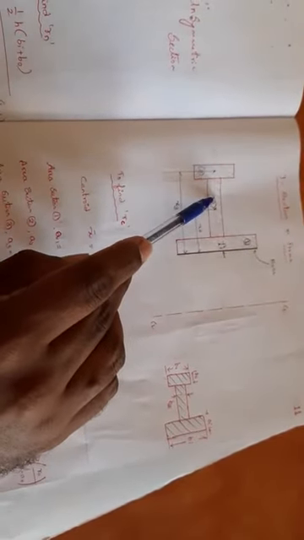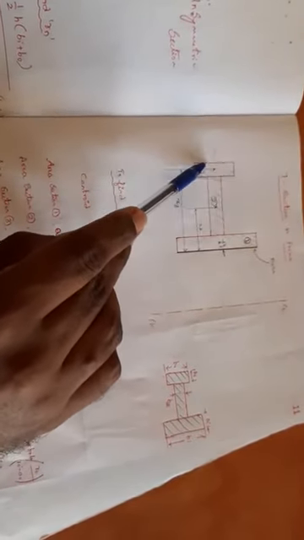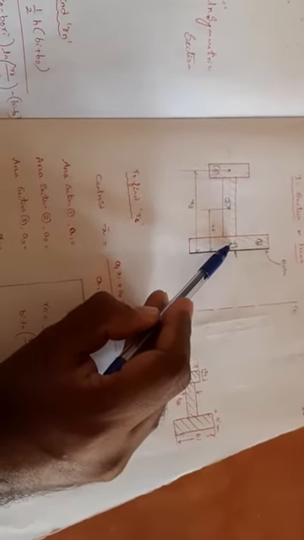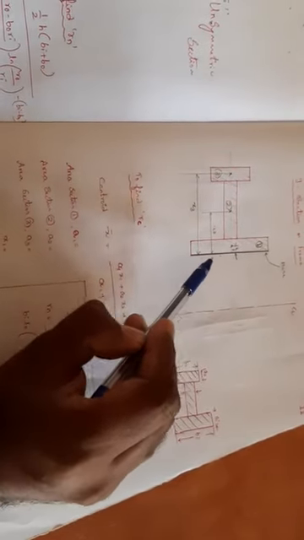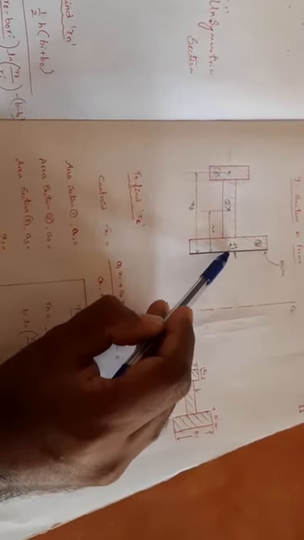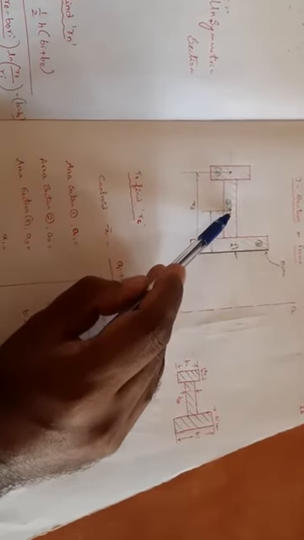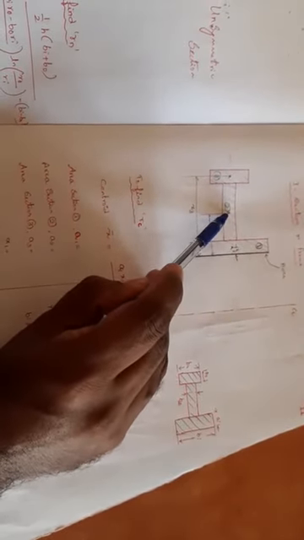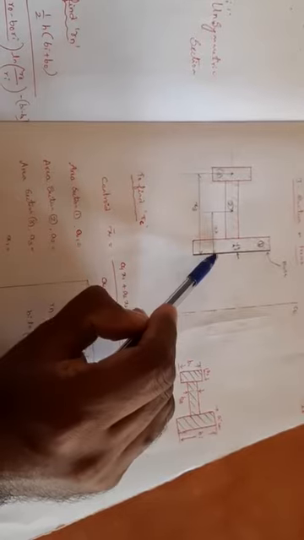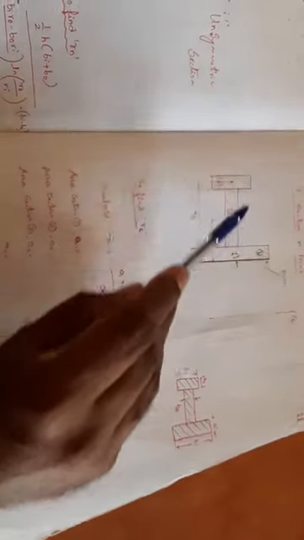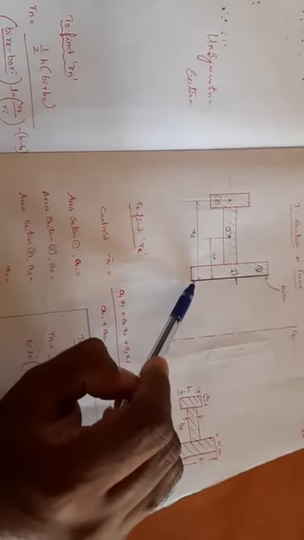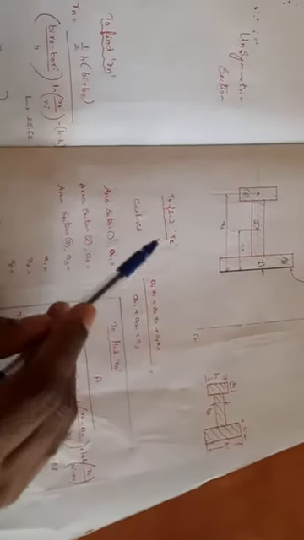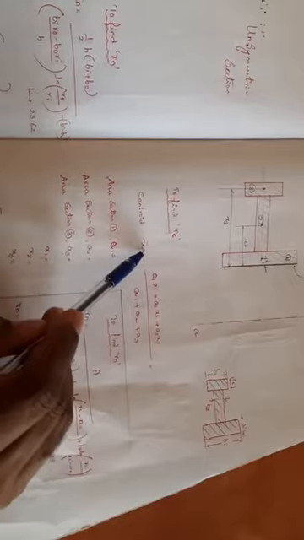And x1, x2 and x3 are the distances from the base to the center of each section. Substituting this in the equation, we get x bar.